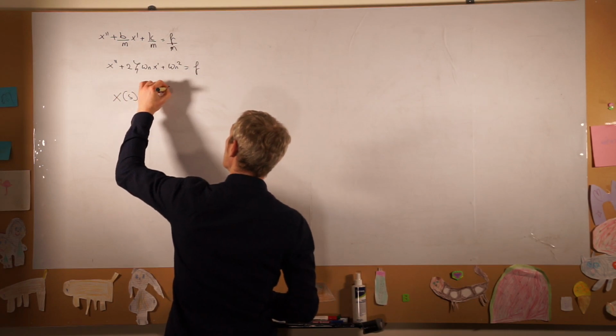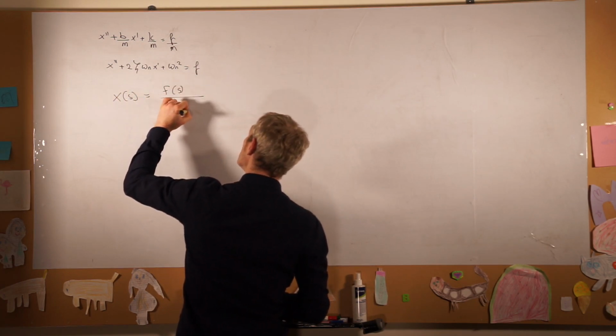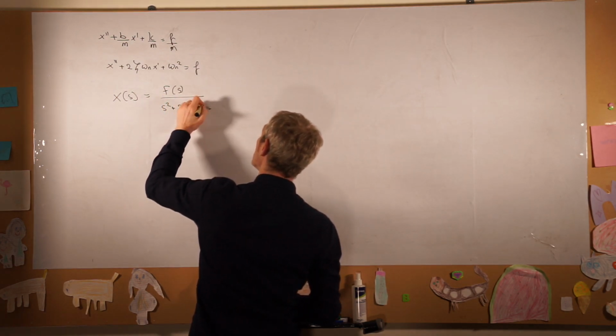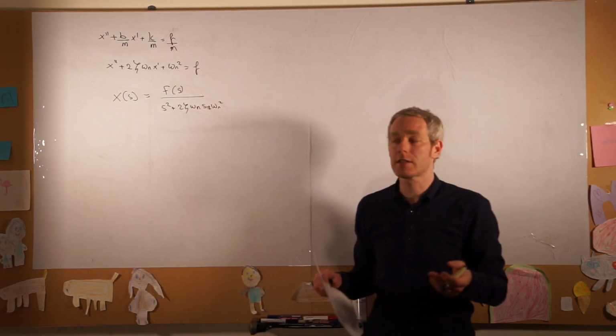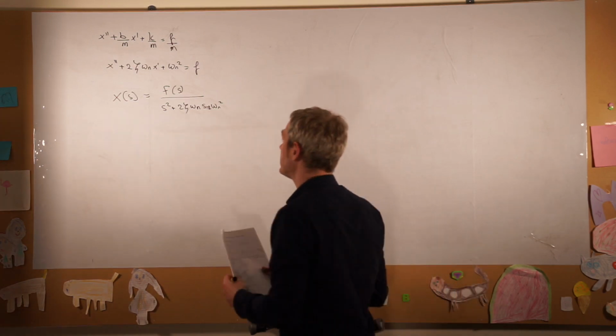We'll just choose it to be our output. We'll have F(s) over s squared plus 2 zeta omega n times s plus omega n squared. And we saw that the stability of this system depended on the zeros of the denominator.